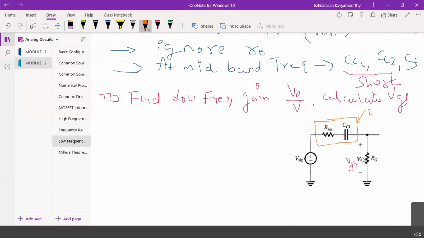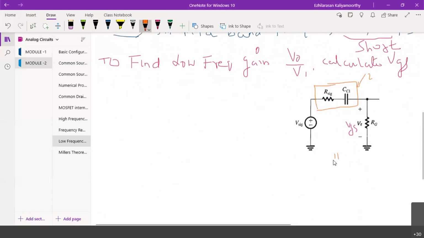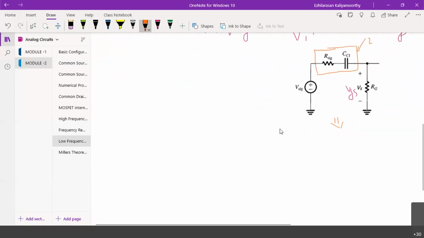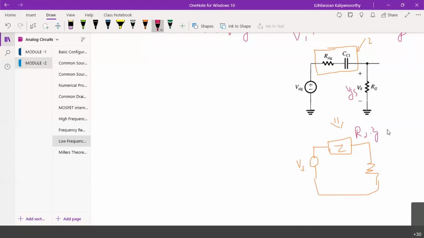So this diagram will be like this: this is V signal, and this will be an impedance, I will take it as Z. What is this value? This will be R sig plus 1 by J omega CC1.